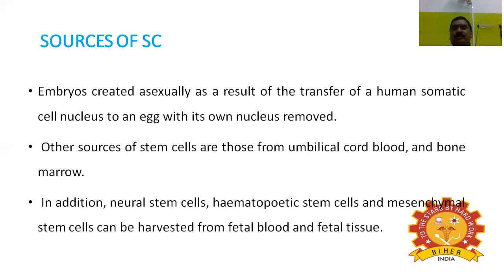The other sources of the stem cells are those from the umbilical cord blood and the bone marrow. In addition, neural stem cells, hematopoietic stem cells, and mesenchymal stem cells can be harvested from fetal blood and fetal tissues.